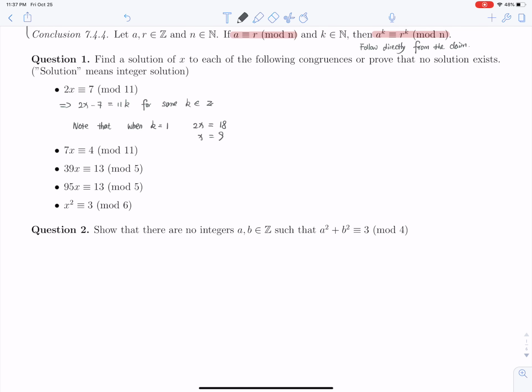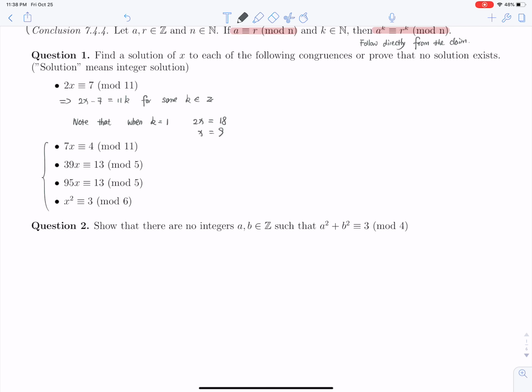Yes, but for simplicity, I just pick it to be 1 because 1 actually works. Sometimes 1 will not work, so you try 2 and then 3 or negative 1. You don't want to try a really large number because that complicates your life. So in this type of question, we always pick a really small number and try it and see if it works.